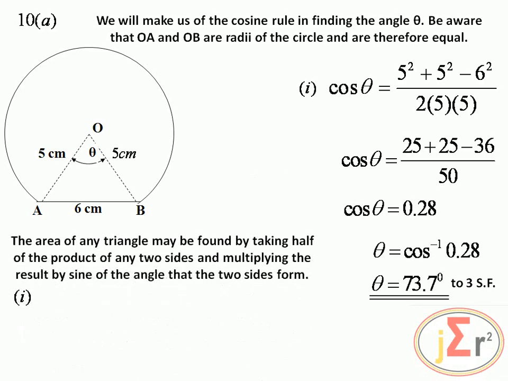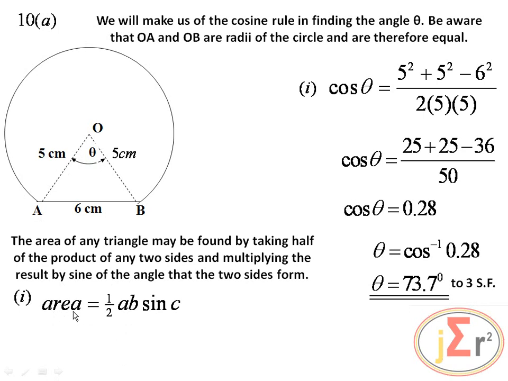Next, we need to find the area of the triangle. The area of any triangle may be found by taking half of the product of any 2 sides and multiplying the result by sine of the angle that the 2 sides form. If we have a triangle and we have 2 sides and the angle that the 2 sides form, the area is going to be half of the product of the 2 sides.